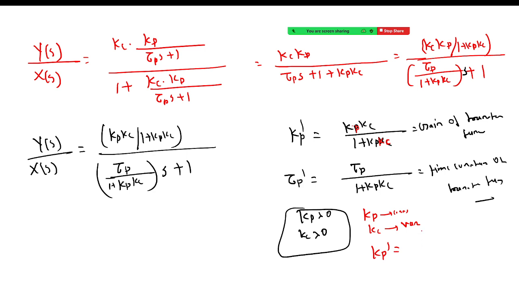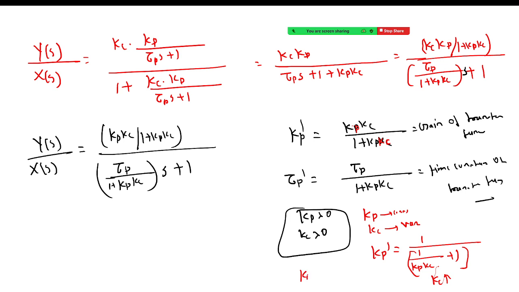So if Kp is constant, what happens? If I divide Kp Kc in the numerator over here, we get 1 upon 1 upon Kp Kc plus 1. So if I increase Kc, this will decrease, and if this decreases, overall this will increase.